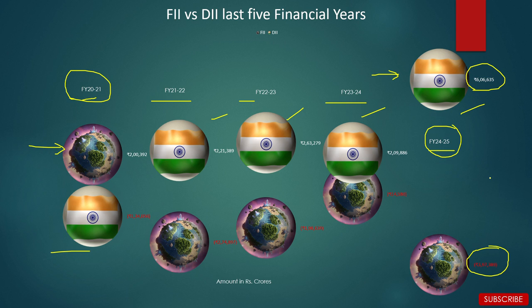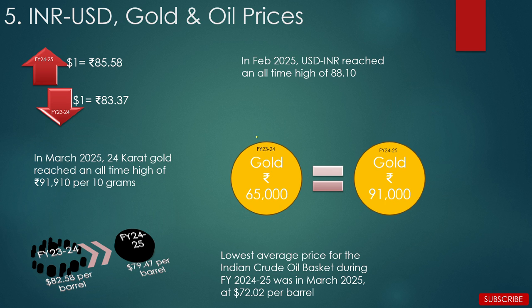Now let's see the USD to INR exchange rate and gold and oil prices, how they behaved in the last financial year. In 23-24, $1 was equal to 83.37 rupees, which in the last financial year, that is 24-25, ended at 85.58.